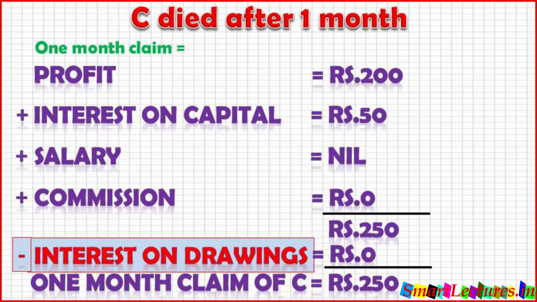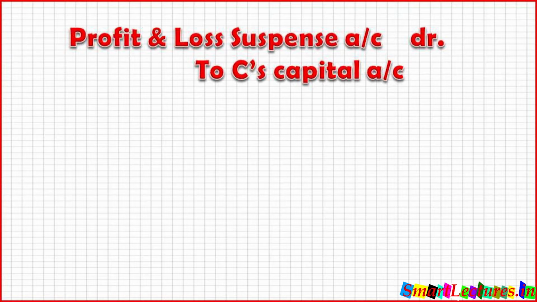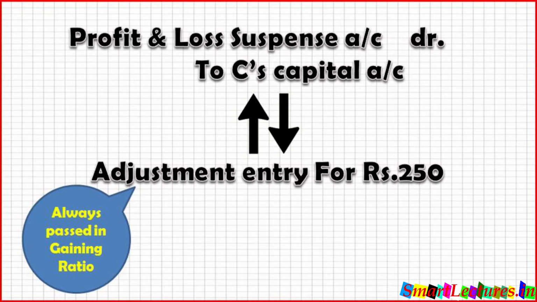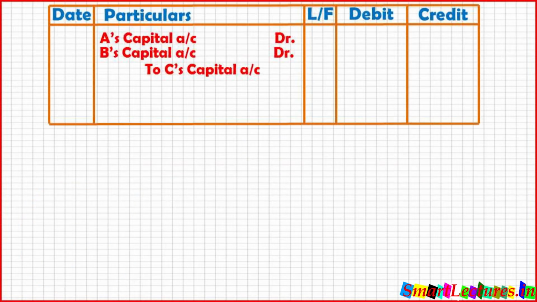For this claim, there are two options. Either you can write down profit and loss suspense account debit to C's capital if you draw the journal entry, or you can make the adjustment entry for 250 like goodwill, and this adjustment entry for 1 month claim is always passed in gaining ratio. So journal entry will be A's capital account debit, B's capital account debit to C's capital, 125, 125 and 250.